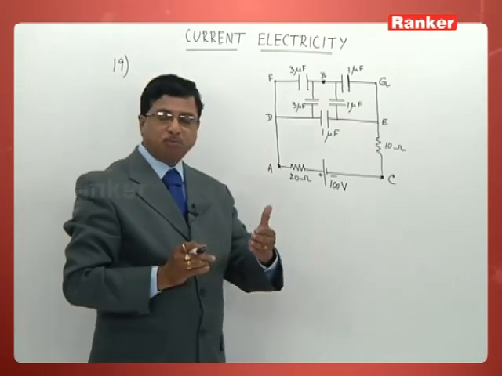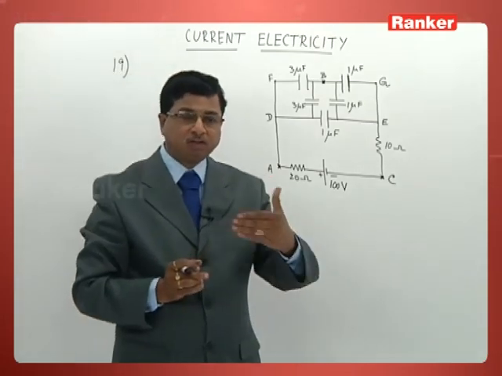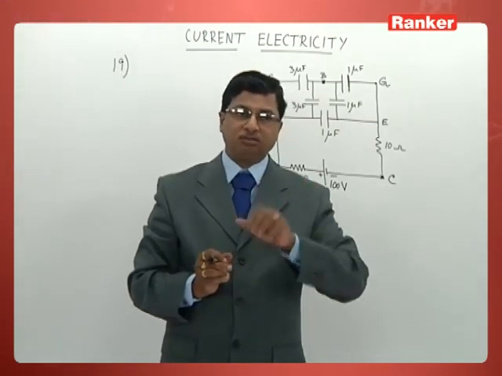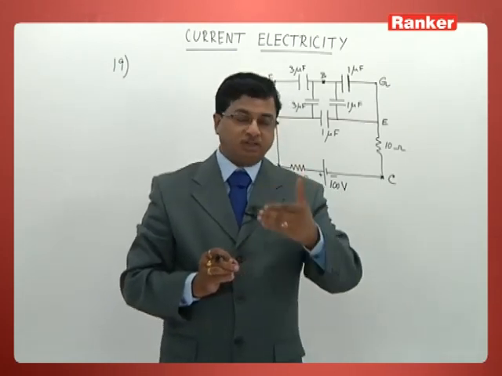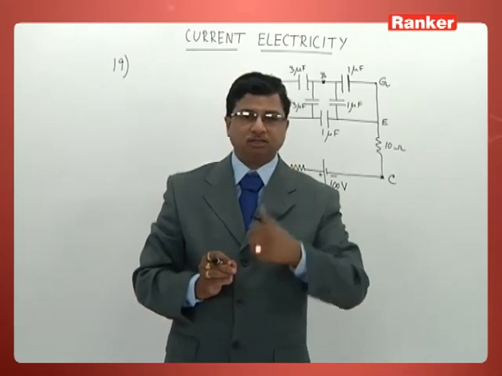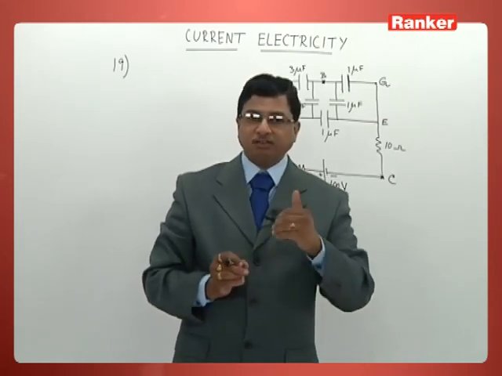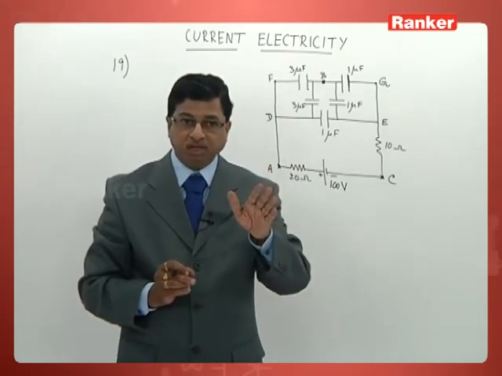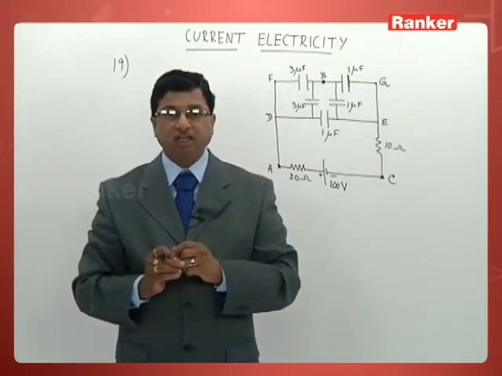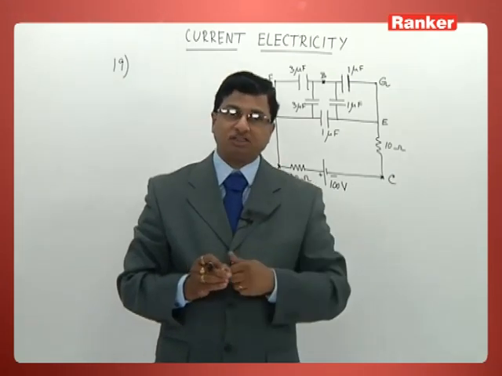But all of you, while reading the question itself, can understand. He has given us a wonderful clue there. He is asking you to calculate the potential difference between A and B and B and C in steady state.